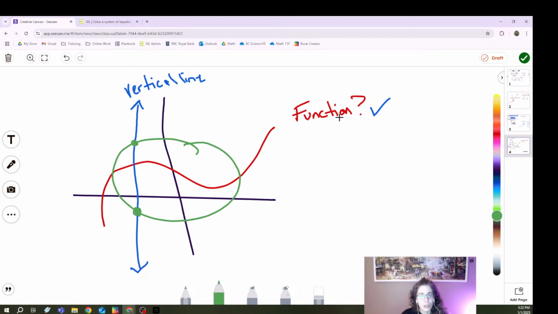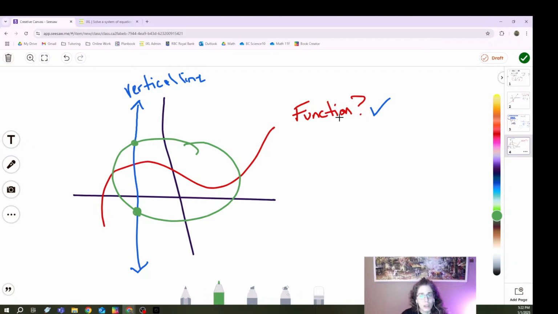So if we were to look at, say, ordered pairs, let's say my pairs were 3, 5, 5 minus 8, 4, 6.